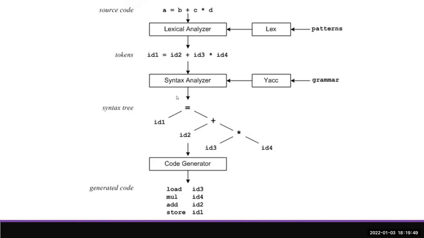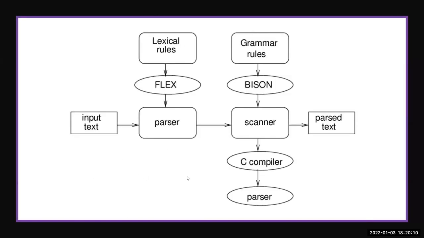Then we build a syntax tree, and then we generate the assembly code. This code generation can be assembly code or binary code, an executable machine code. It can also be run directly by a virtual machine. So the later stage has many different options.